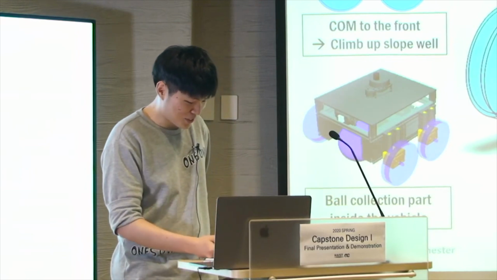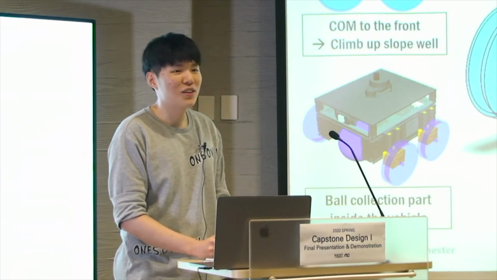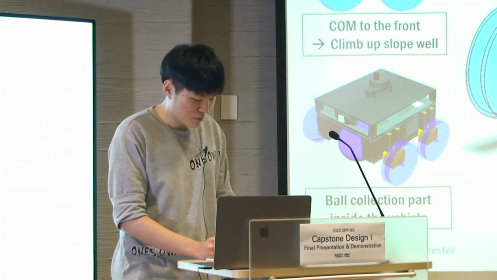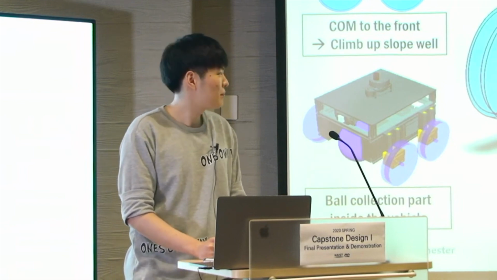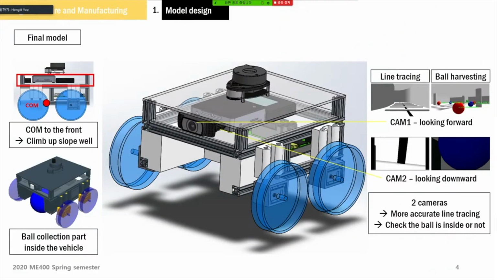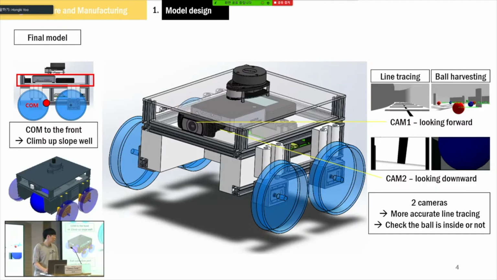Therefore, we adjusted the position of components to locate the center of mass more forward in our final model. And with the addition of 2 more motors, our robot can climb up the slope without any problems.